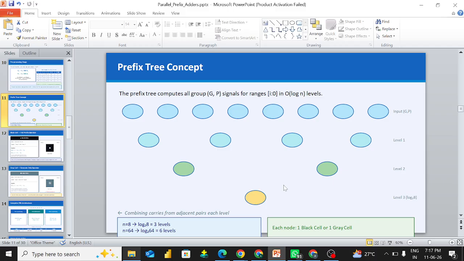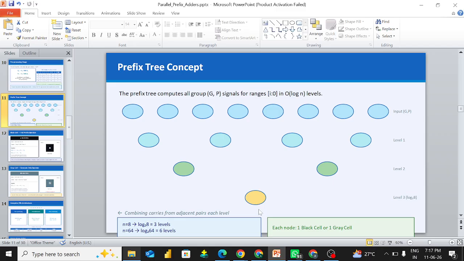It first keeps on dividing into levels, and after that it combines every answer. So just think you have only one node at the highest level. It has two outputs, right?